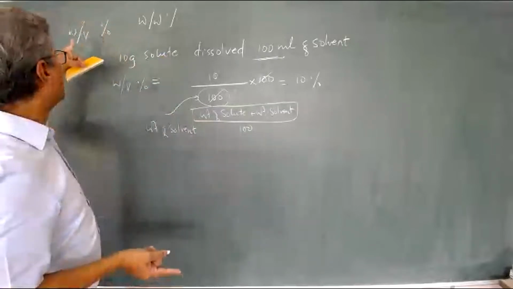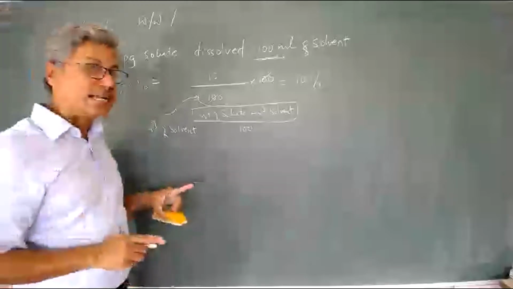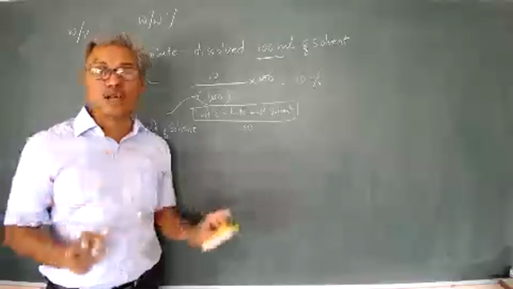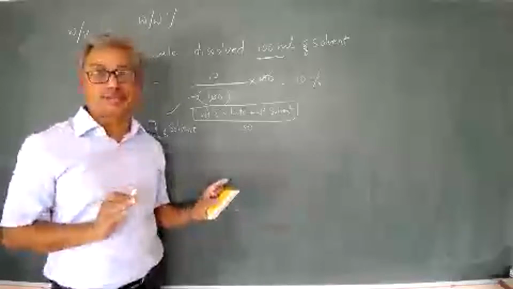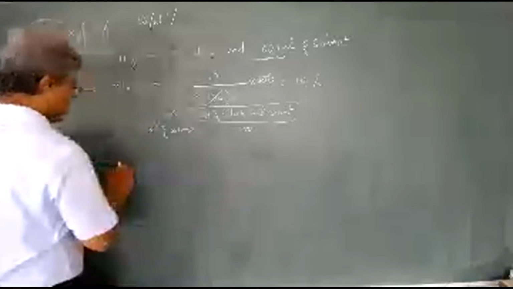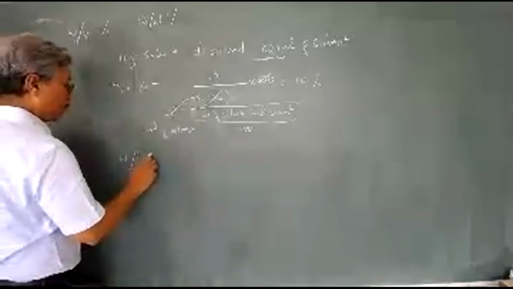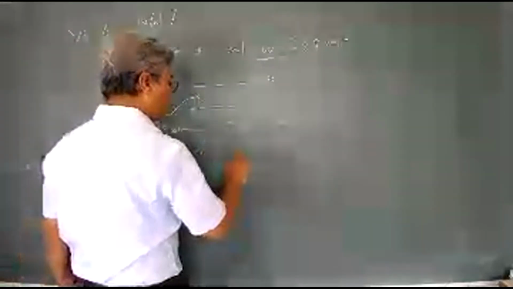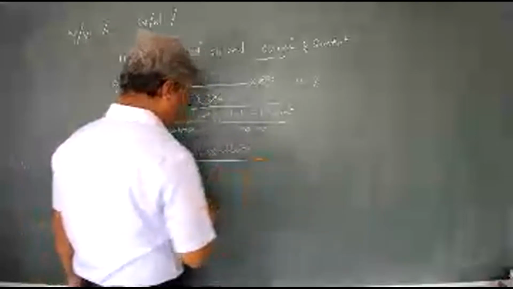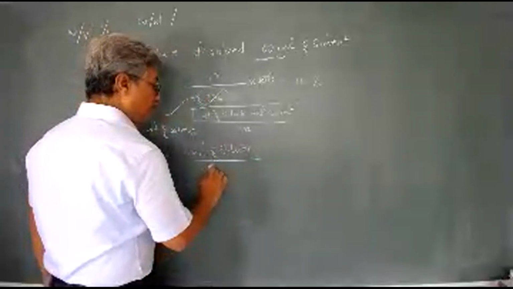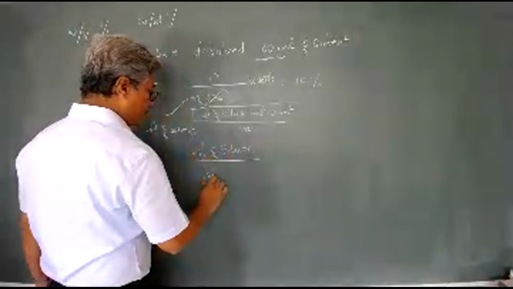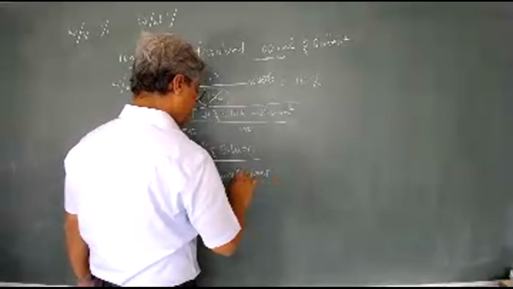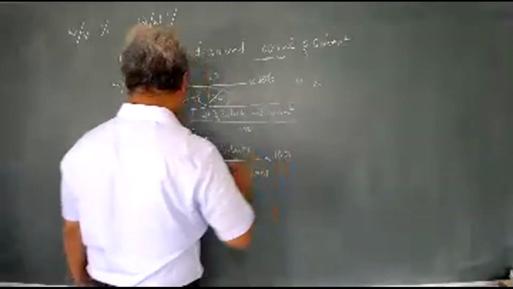But in weight by volume percentage, in the denominator we take only the solvent volume. Clear, students? Therefore, weight by volume percentage is weight of solute divided by total volume of solvent into 100.